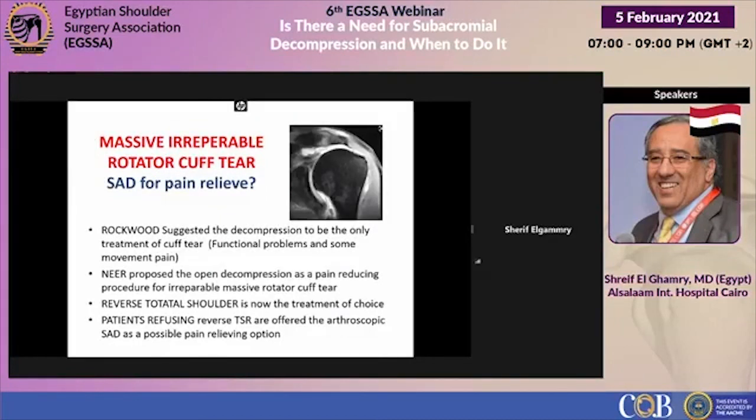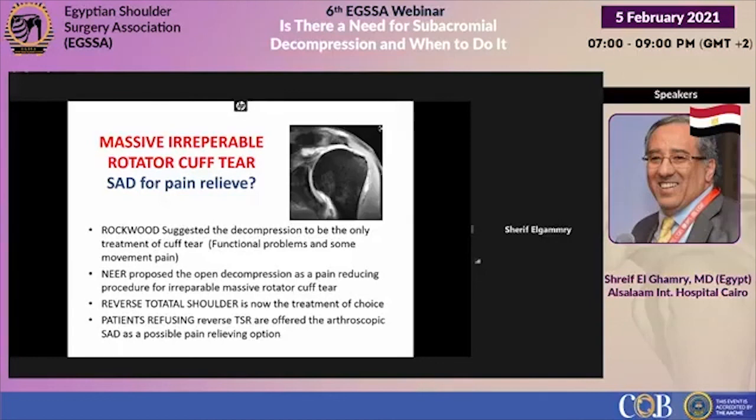Is subacromial decompression indicated to relieve pain in massive irreparable rotator cuff tears? Rockwood suggested that the decompression is the only treatment needed for all types of rotator cuff tears, but functional problems and some movement pain were the disadvantages recorded.